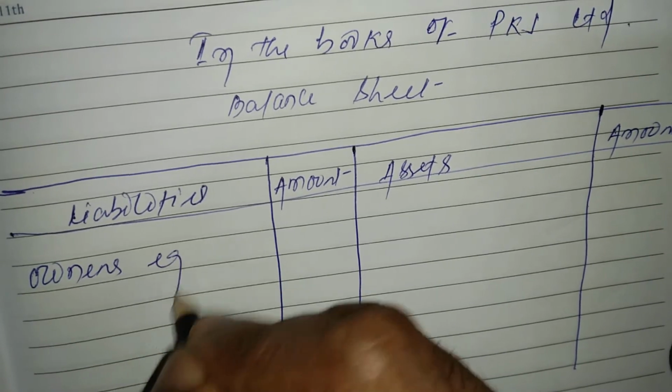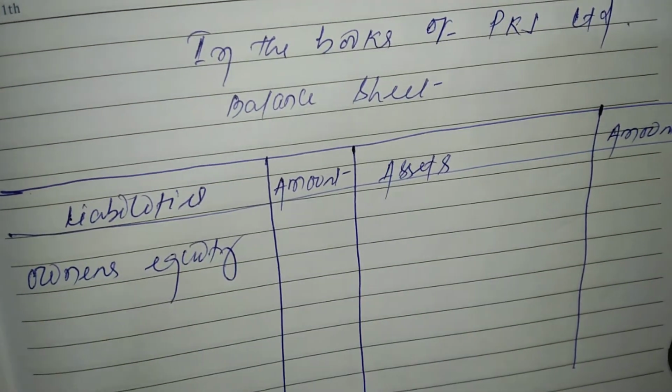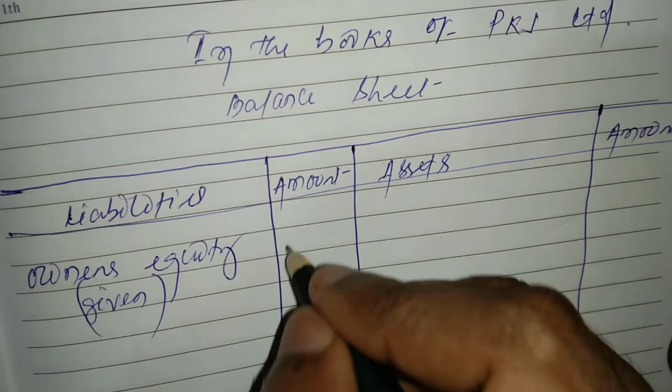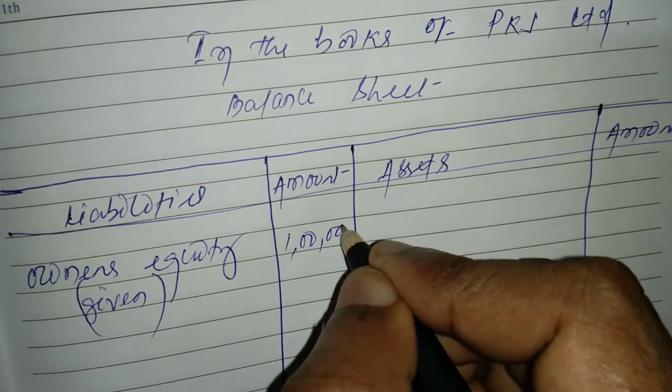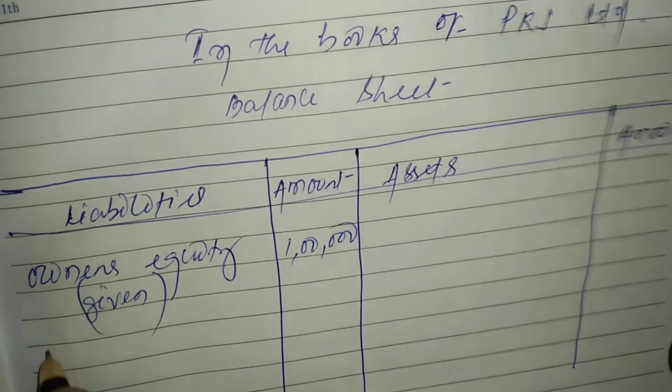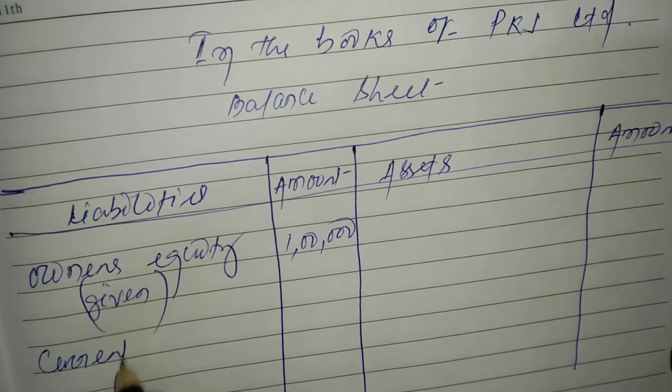Okay, so first, owner's equity is given as 1 lakh, and current debt.